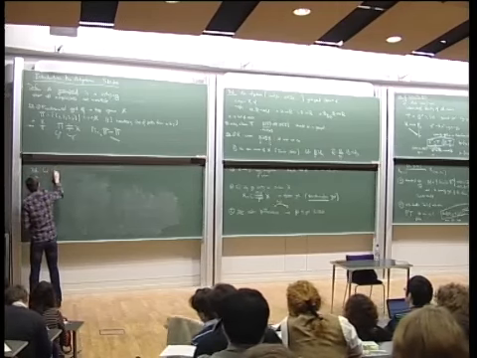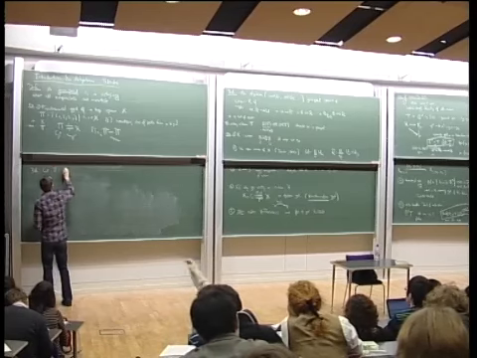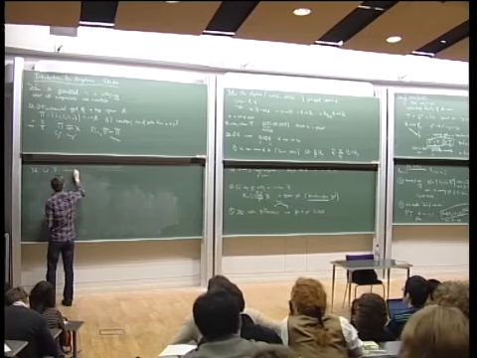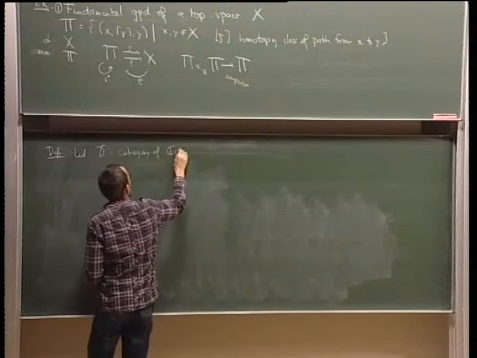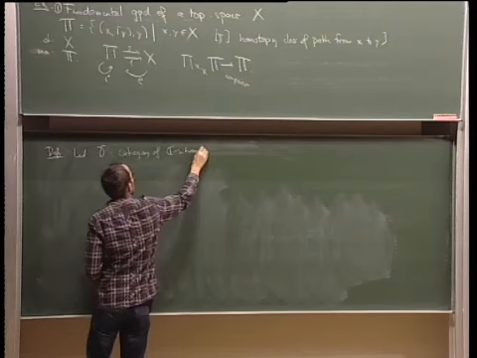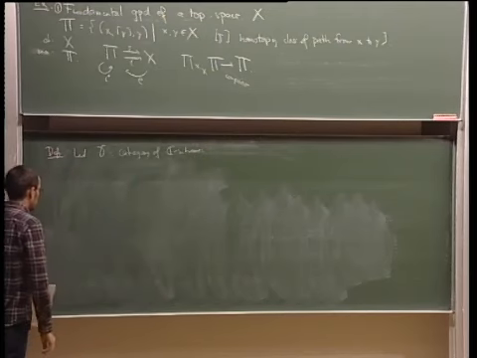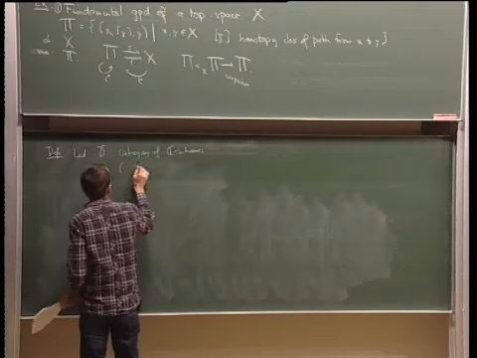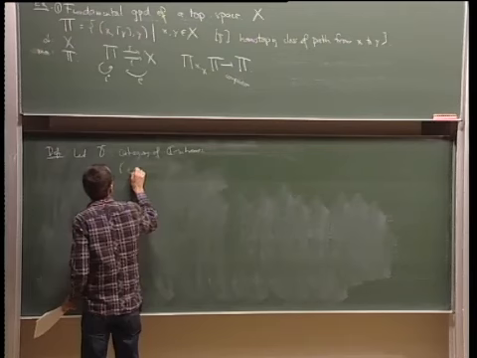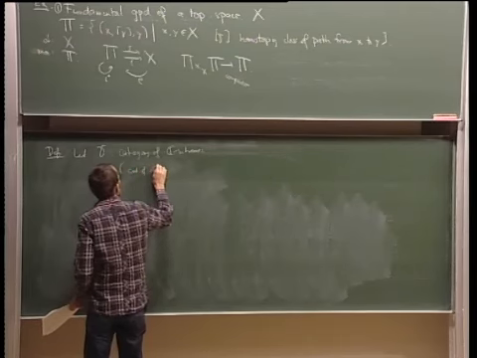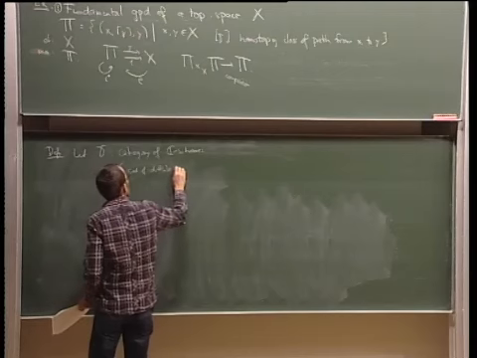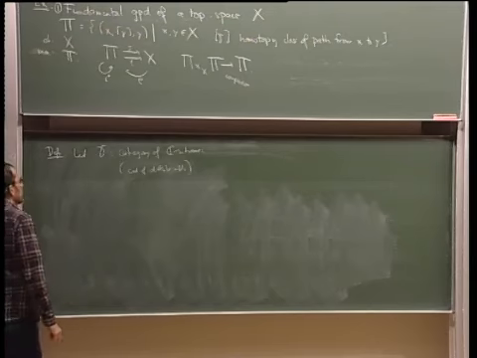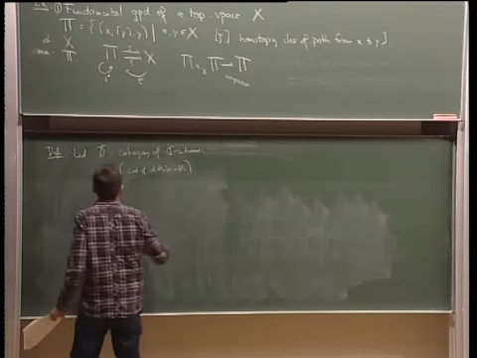So let S, to fix ideas, be the category of C schemes, or you could, for example, say the category of differentiable manifolds, or the category of analytic spaces, your favorite geometric category.